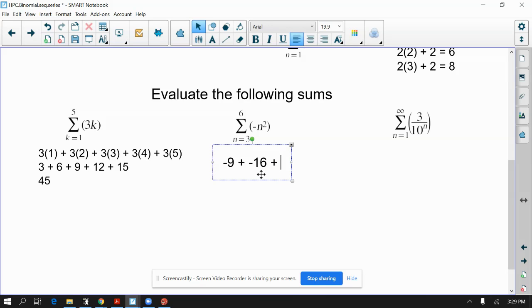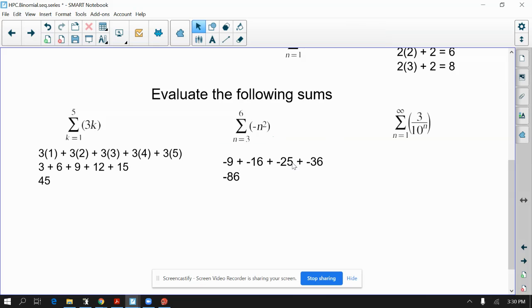I'm squaring 4 and then multiplying it by -1. And then plus -1 times 5 squared, which is -25, plus -1 times 6 squared, which is -36. This -9 and -16 make -25, plus another -25 is -50, plus -36 is -86, which if you work in a restaurant, you know exactly what the number 86 means.